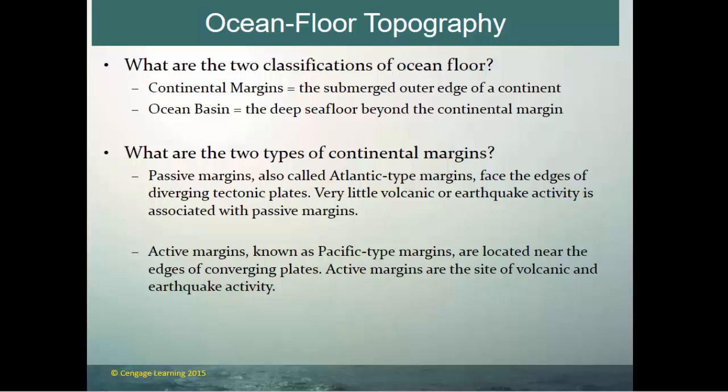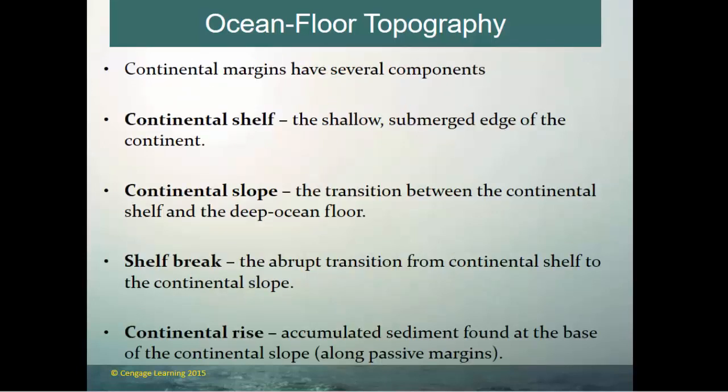There is no convergence going on between the Atlantic and North America. Very little volcanic or earthquake activity is associated with passive margins. And then active margins, known as Pacific type margins, are located near the edges of converging plates. Active margins are the sites of lots and lots of volcanic and earthquake activity. So continental margins, the seaward extension of the continent that's underwater, have several components.